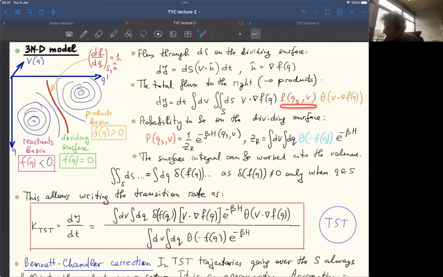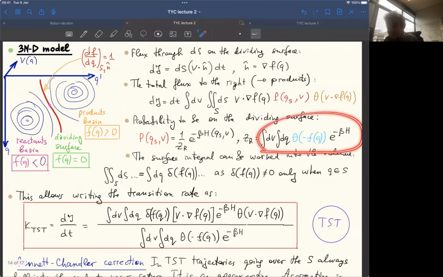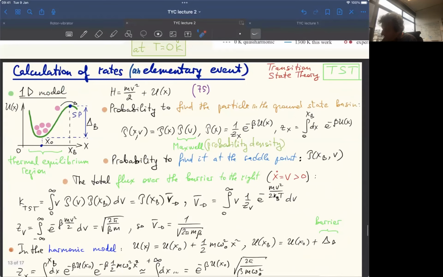That probability is a Gibbsian probability, so it contains the exponent with the full Hamiltonian and the partition function. And the partition function is the integral over the whole phase space, all coordinates and all velocities. And we only integrate over the reactant basin, as we did before. Remember, before we integrated over the reactant basin.